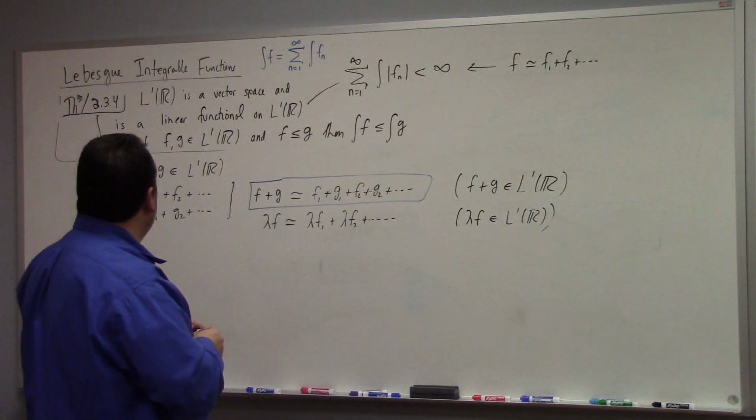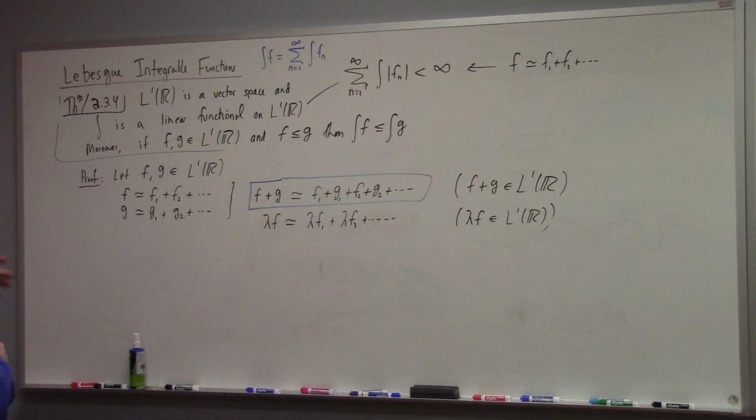Then what else? Allegedly, this is a vector space. That's what I've talked about. Now, to really prove it's a vector space, I need to prove that the axioms hold, but I suppose that's clear enough.